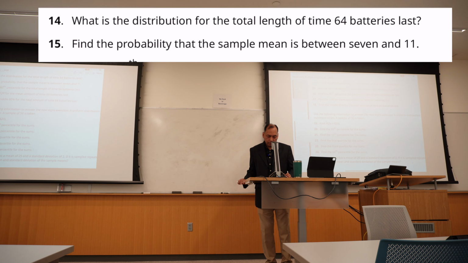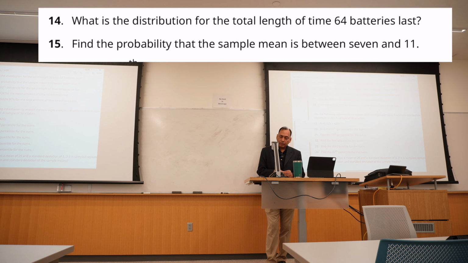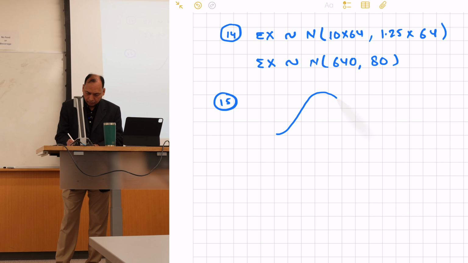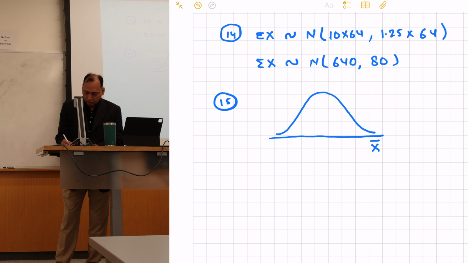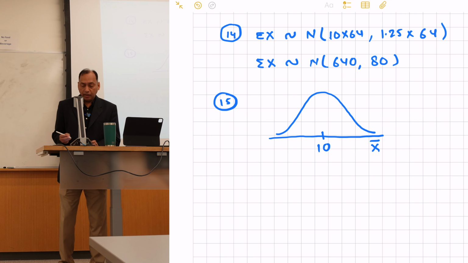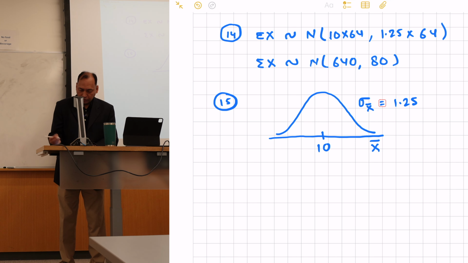Find probability that sample mean is between 7 and 11. Very straightforward. So you have normal distribution. So this is distribution of x bars where average is 10. Batteries last 10 hours with the standard error, sigma of x bar, 1.25.